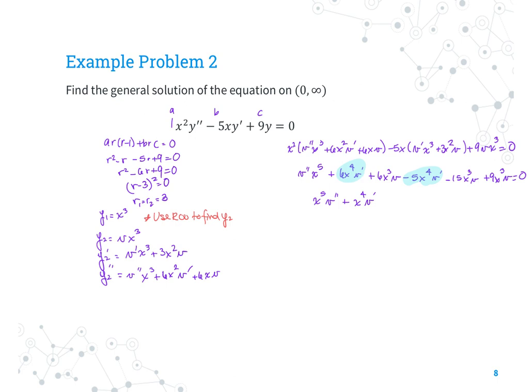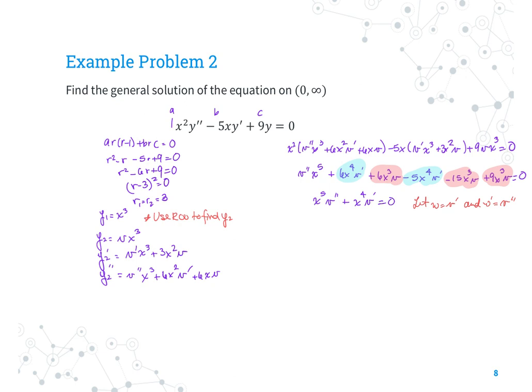Well, if I have 6x cubed v and I add 9, that's 15, and then I take 15 away, so our sanity check holds. We definitely did something right because now this just equals 0. And then we let w equal v prime and w prime equal v double prime.